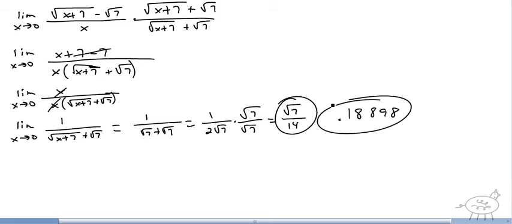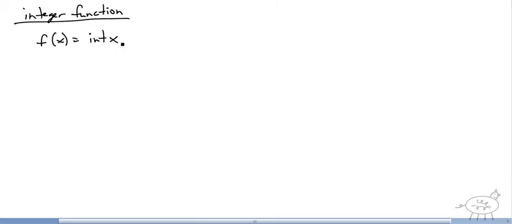All right. Okay, so let's talk about the integer function. So f of x equals the integer of x.